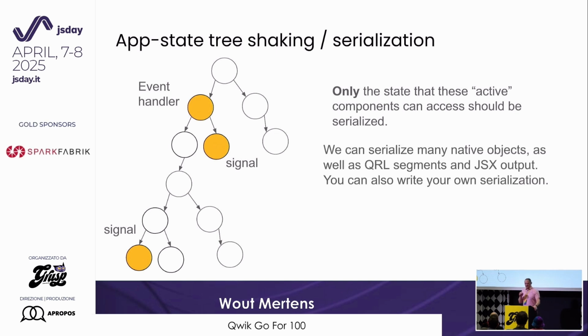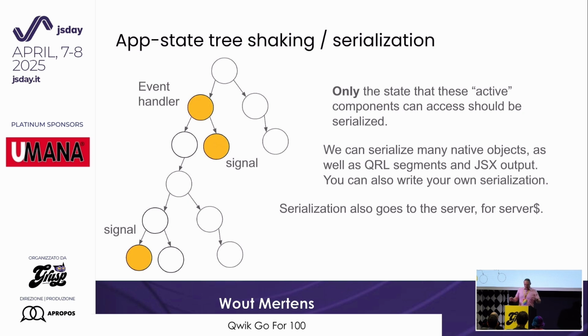And so what we do is we go visit all of these nodes, we check what data they can access, and we send it to the browser so that when it needs it, it can access it. And we can do lots of things like native date, native map, native set, our own objects, QRL segments, JSX output, and we can also do this in the other direction.